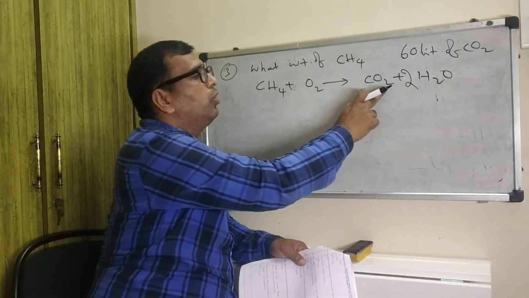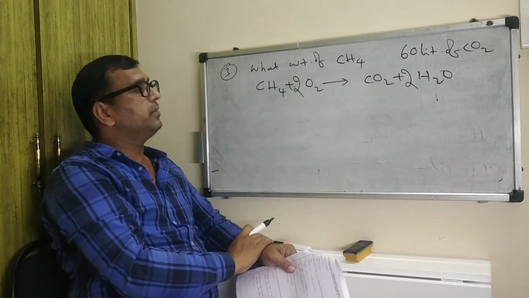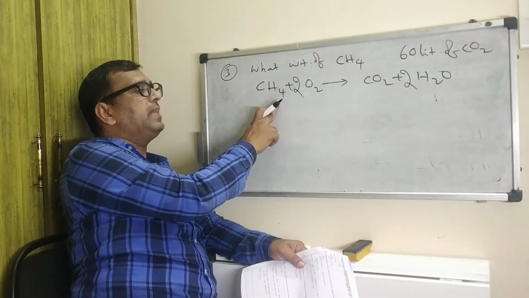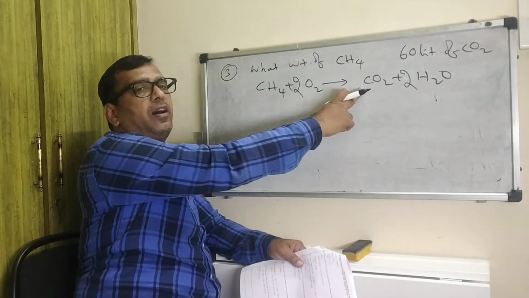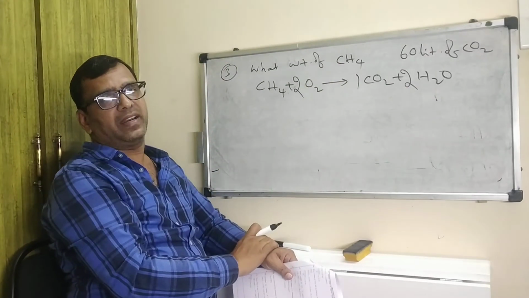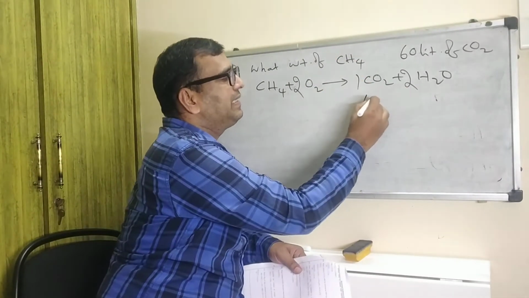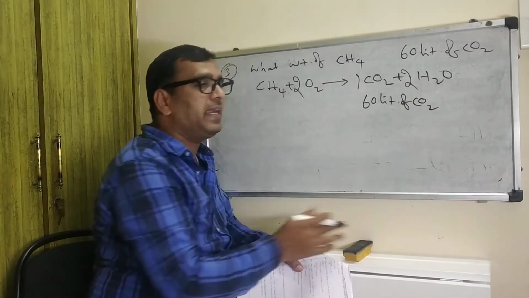So 2 plus 2, then 2, balanced. So 1 mole of methane reacts with 2 moles of oxygen to form 1 mole of carbon dioxide, 2 moles of water. Now here 60 liters of carbon dioxide gas is liberated.